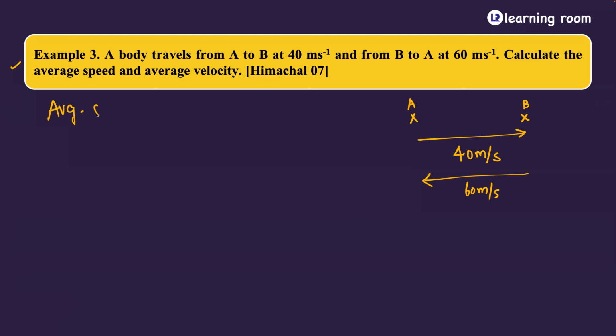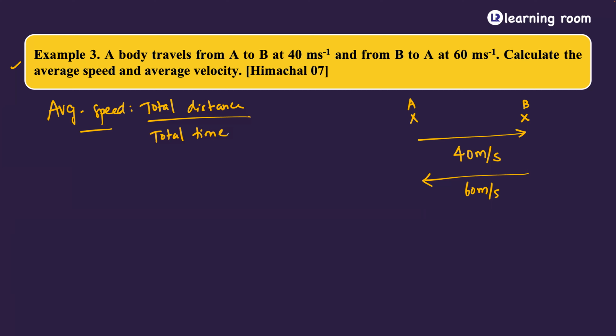So what is the average speed here? So average speed is equal to total distance by total time, correct. But what is the challenge here? You don't know the distance and you know the time.